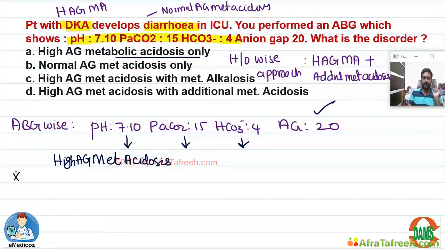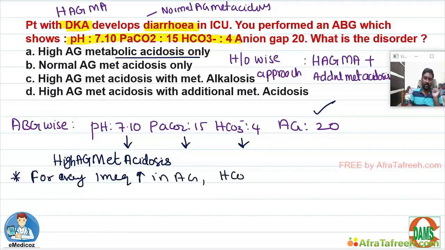But we know in high anion gap metabolic acidosis, always you should check, is it an isolated solitary high anion gap metabolic acidosis or there is presence of any other additional metabolic disorder. So for that, see the relation. For every 1 milli equivalent increase in anion gap, bicarbonate decreases by 1 milli equivalent.